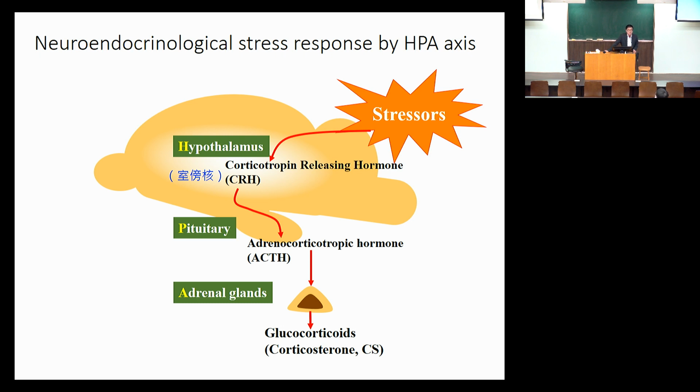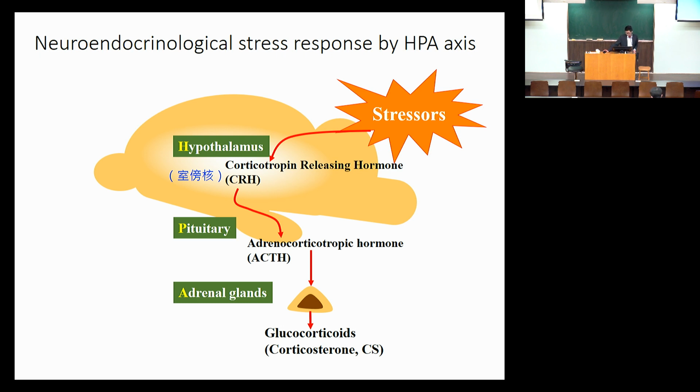When the animals are exposed to some stressors, this stressor's information comes into your brain, the CRH, corticotropin-releasing hormone, is increased, and this CRH comes to the pituitary, and then from the pituitary, ACTH is increased by this CRH, and this ACTH stimulates your adrenal gland, and finally, the glucocorticoids come massively into your peripheral blood, and these glucocorticoids work as an anti-stress agent.